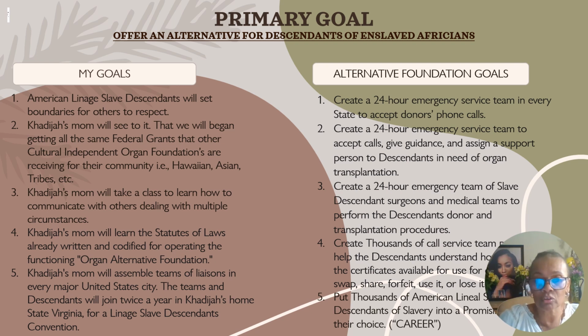And if you don't call in to confirm that you're going to your appointment, then you can swap. If you need to go another time, you can swap it, or you can share it. I don't know how the share is going to go, or you forfeit it because you don't show up, or you use it, or you lose it. If you lose it, then you lose it. Somebody else gets it. You understand? So it's going to be an insurance company kind of like that.